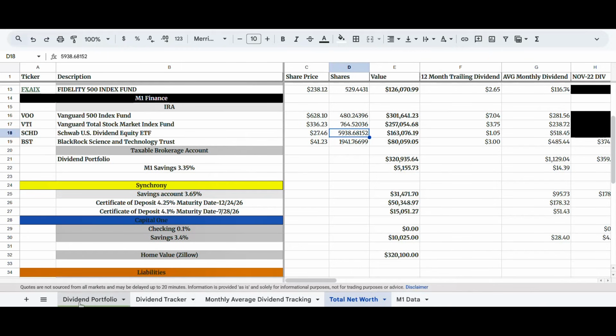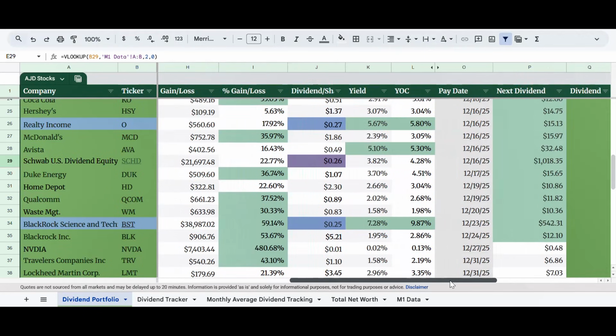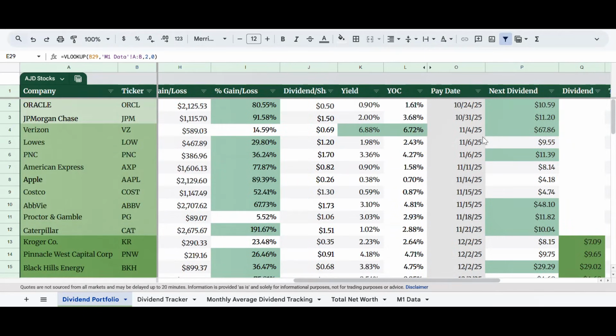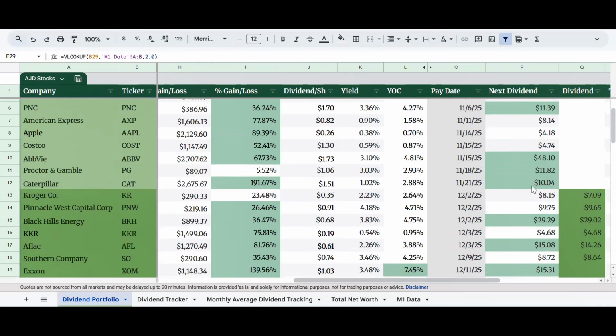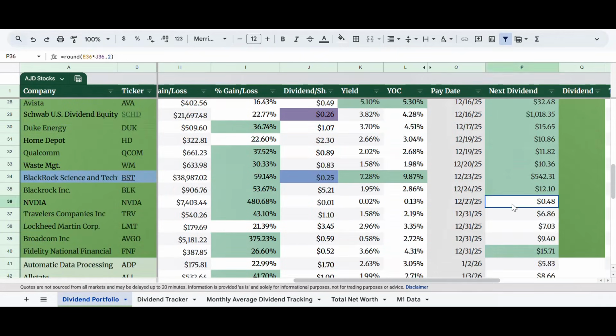In the taxable account, I'm going to use this dividend to mostly build up the other positions and try to get all these other stocks above that $10 mark. And I've just about turned everything green in here. Of course, Nvidia is going to take a long time to get above $10, but I predict Nvidia is going to raise their dividends hopefully every year and get that dividend yield higher.